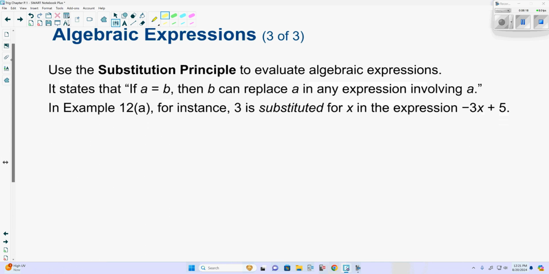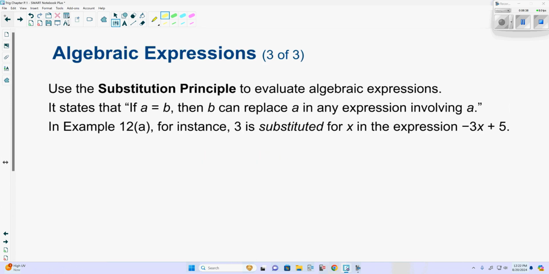Algebraic expressions use the substitution principle to evaluate algebraic expressions. It states that if A is equal to B, then B can replace A in any expression involving A. In example 12a, for instance, 3 is substituted for x in the expression.